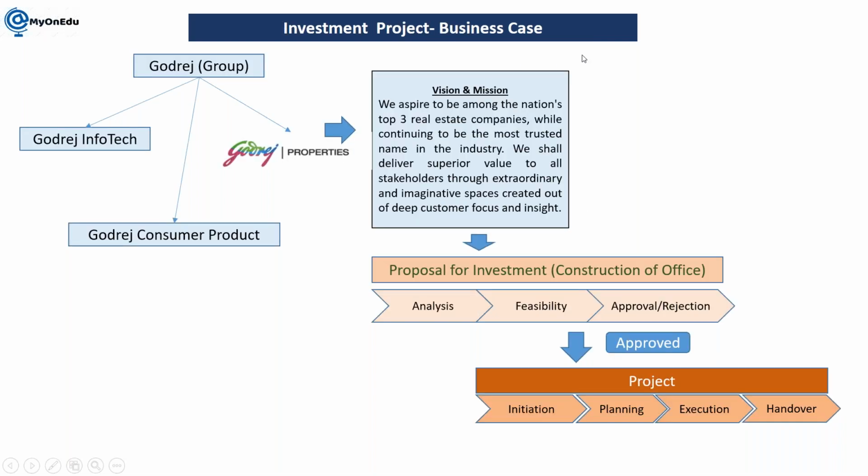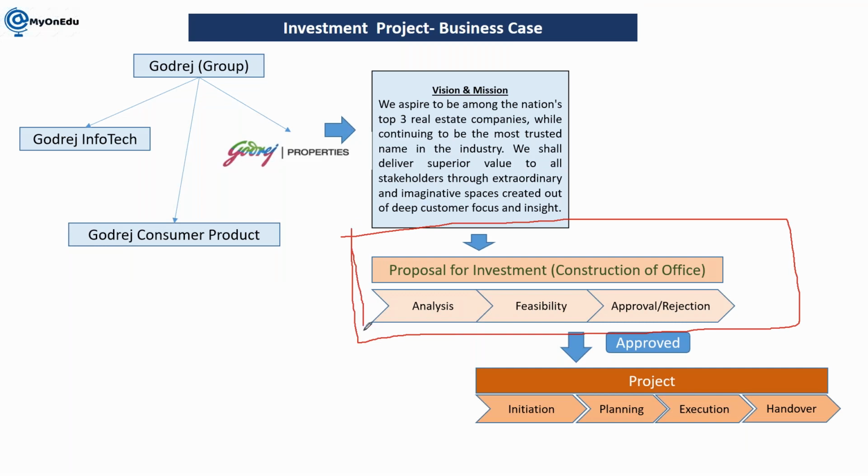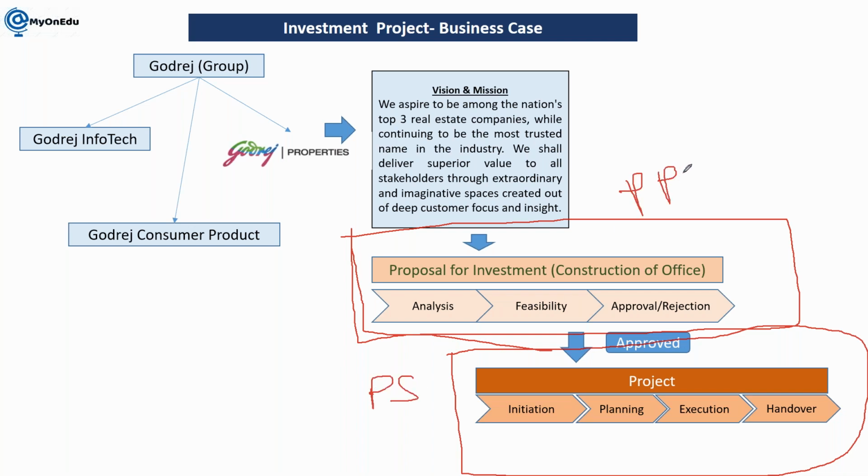Sorry. So in the SAP EPPM system, I'm talking about complete EPPM. This portion comes within portfolio project management, and this portion comes within project system. This is PPM, portfolio project management.